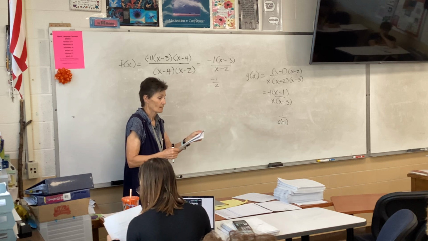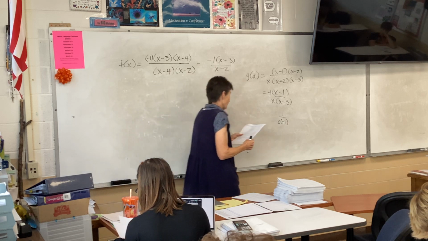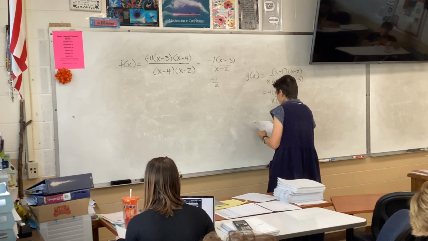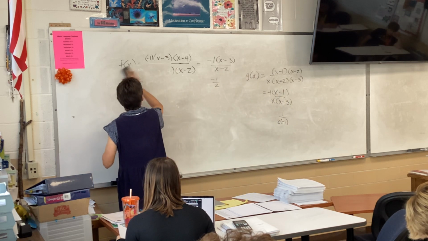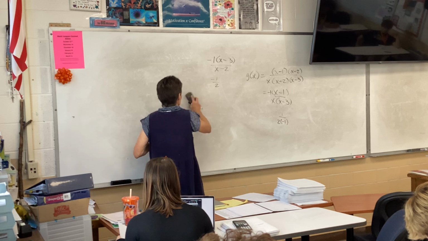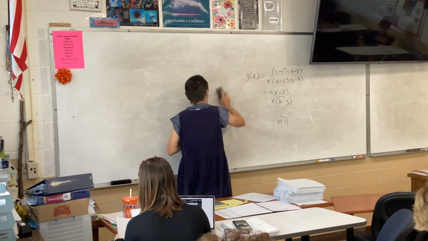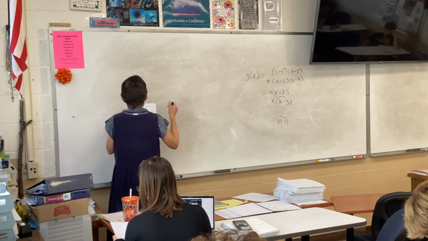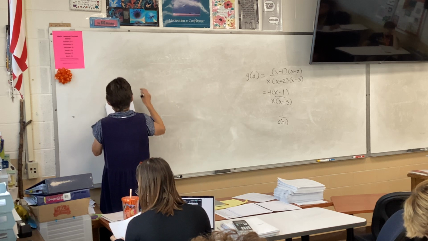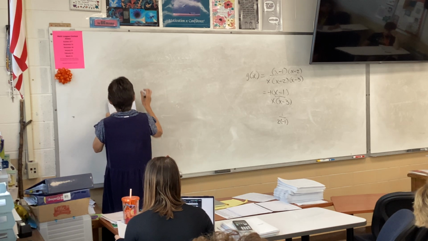Okay? All right. Recall that if the degree of the numerator is 1 greater than the degree of the denominator, then we have a slant asymptote. In other words, we have a linear end behavior asymptote. So let's look at the function that we've got here.